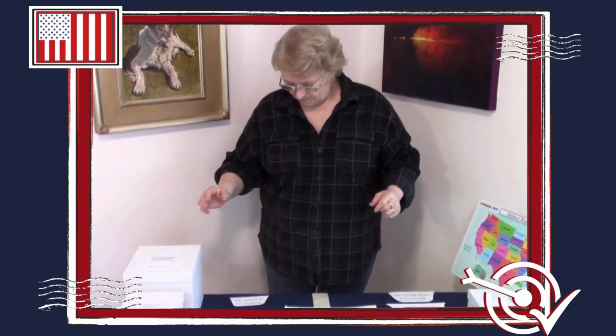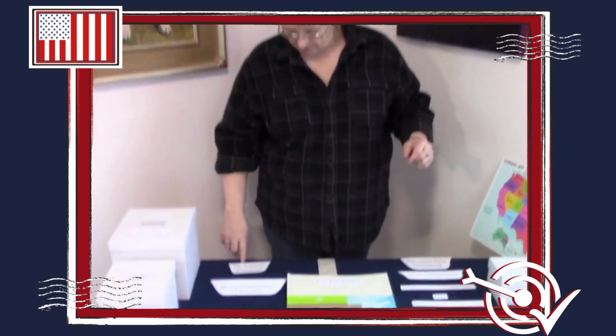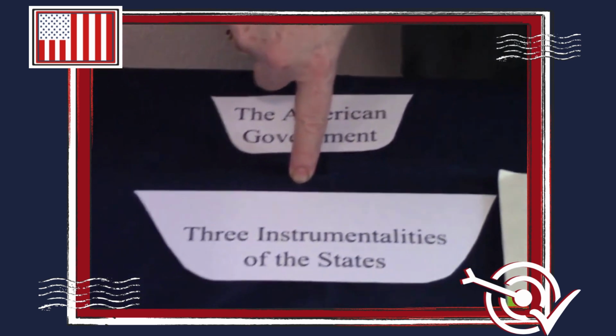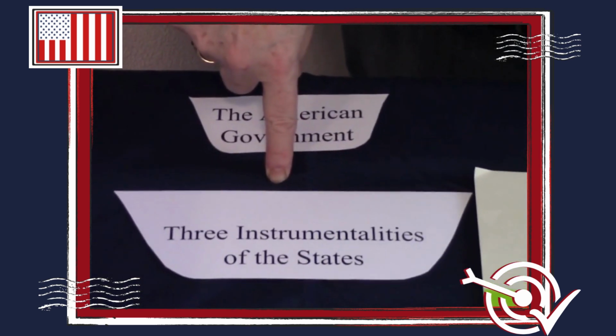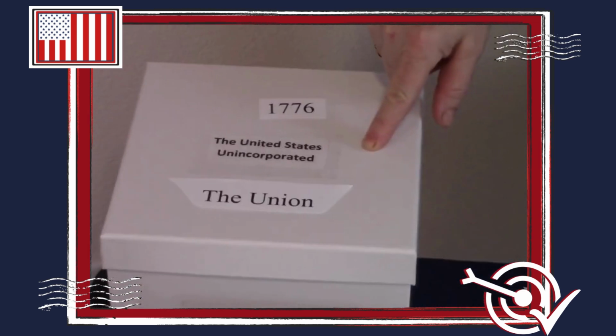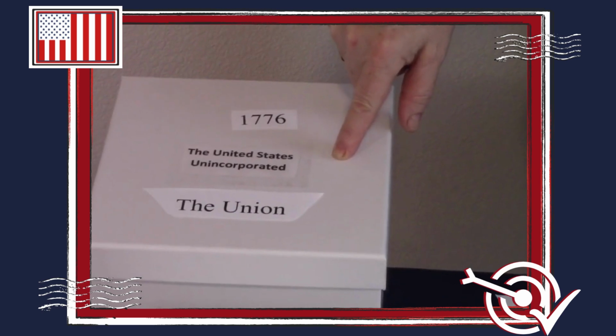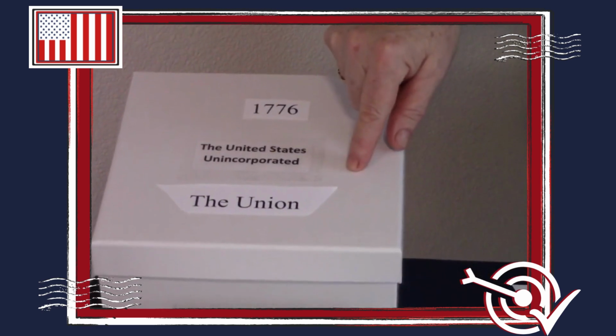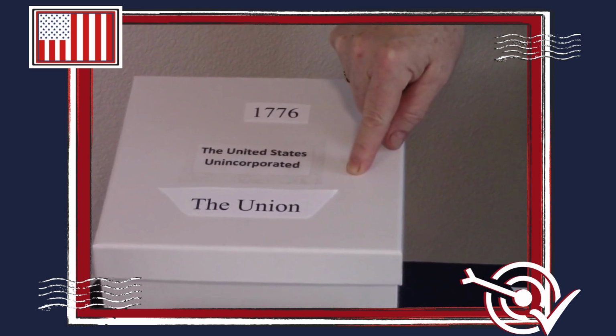Now, here we go. We have the American government. And there are three instrumentalities of the states. In 1776, we have the United States Unincorporated, also known as the Union. This is the first Union, has nothing to do with the Union during the Civil War.